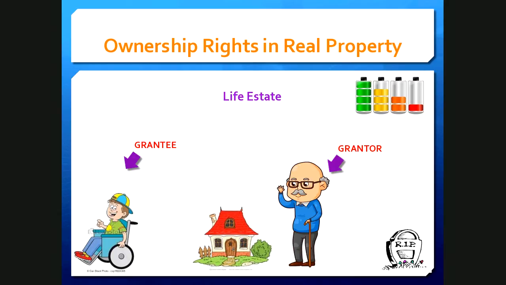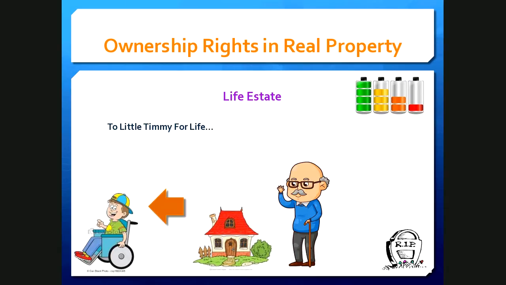So he wants to set him up with this house for his life. So we still got grantor, grantee. All right, so Grandpa Joe is going to give it to little Timmy for life. That means little Timmy's going to get it for his entire life. He's going to be the owner.